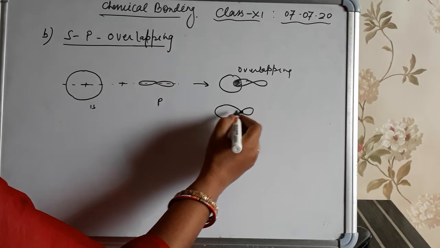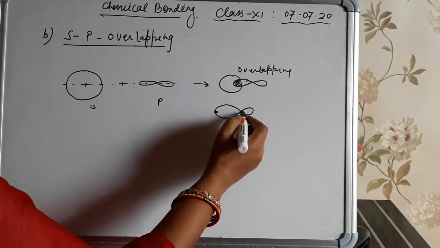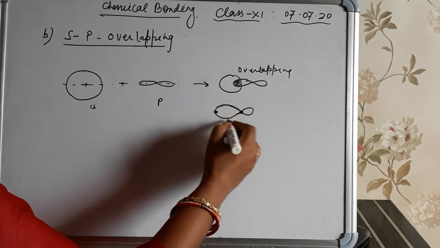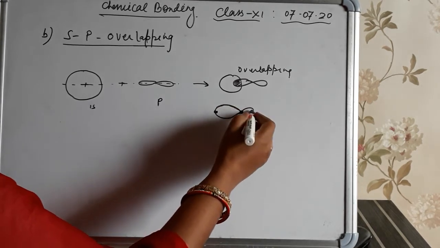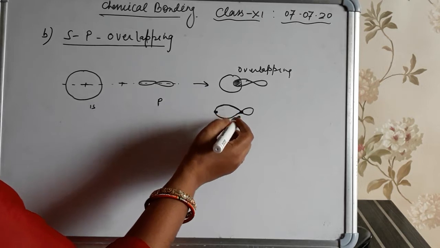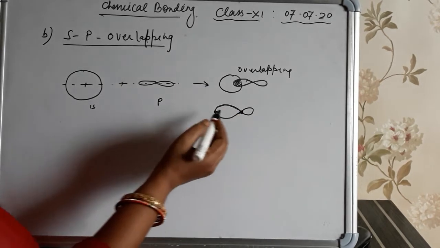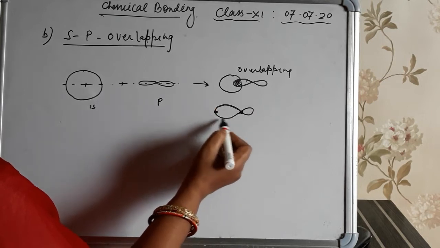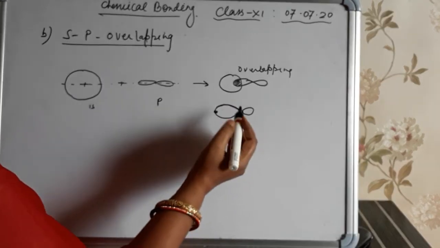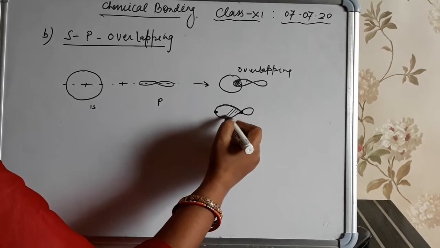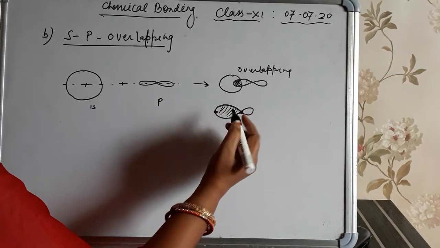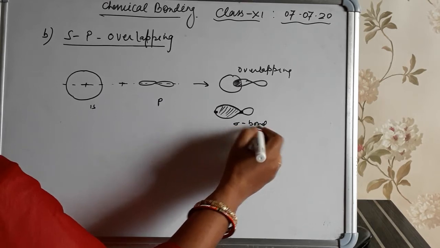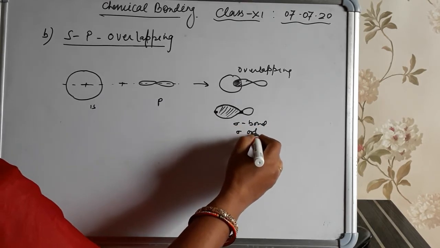One nucleus is here and one nucleus is here. So one becomes a bigger cloud, meaning it has more electron density than this. Whenever bond formation takes place, the overlapping takes place by the bigger lobe instead of the smaller lobe, and this is the area of electron clouds. So this is the type of sigma bond, and this is known as sigma.